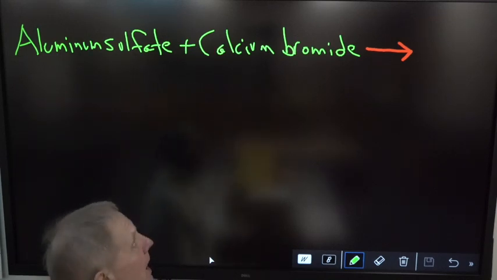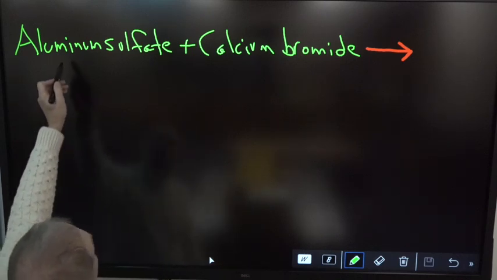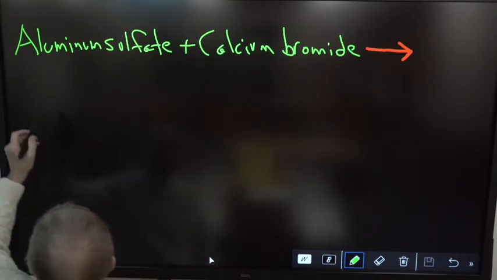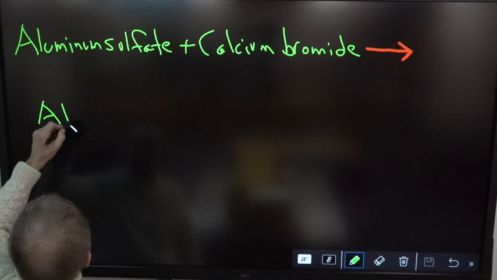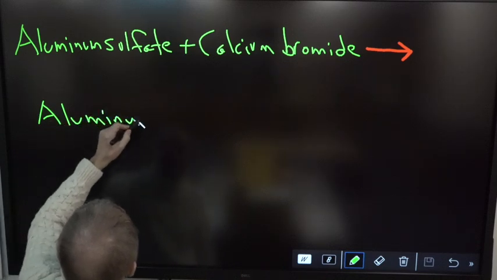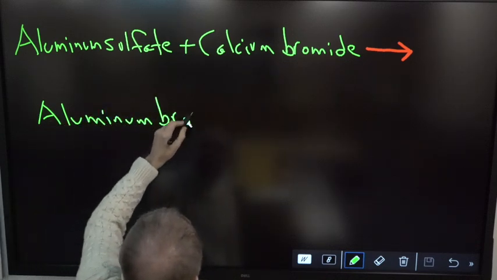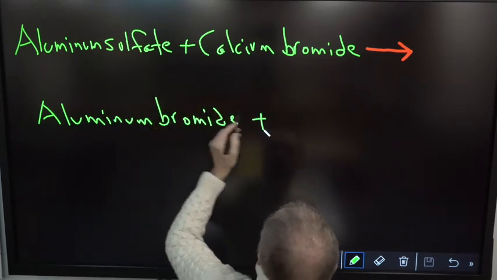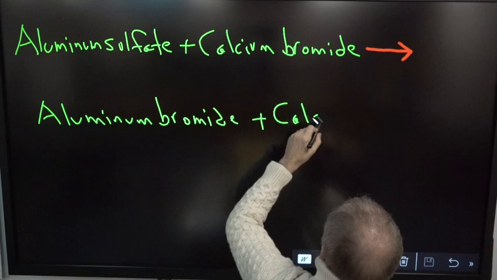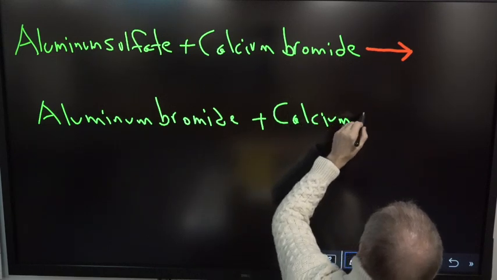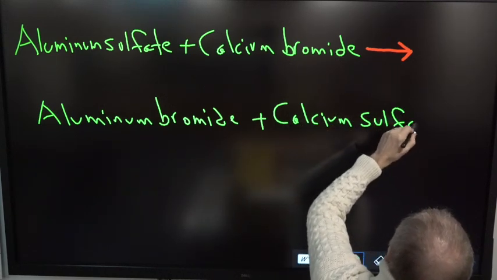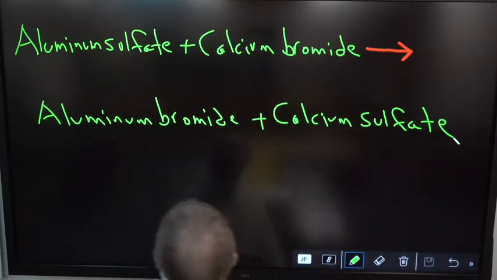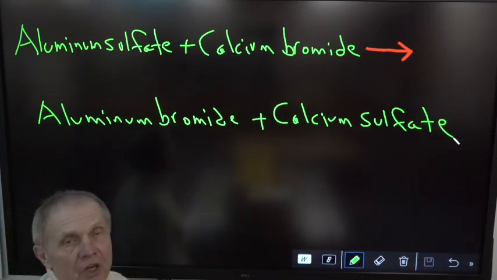So your two products will be aluminum bromide plus calcium sulfate.